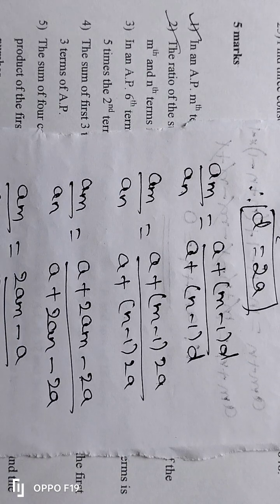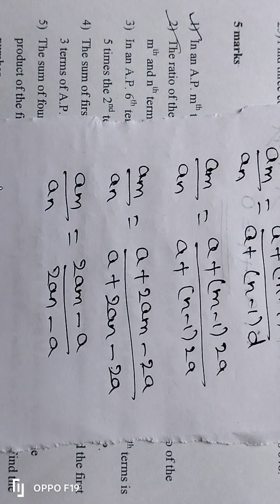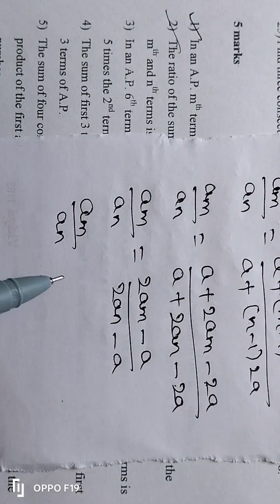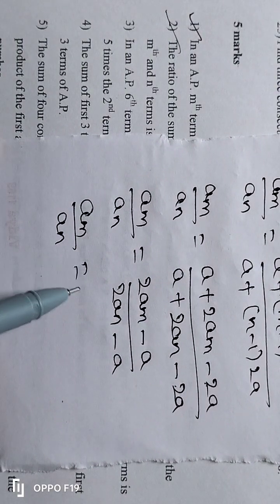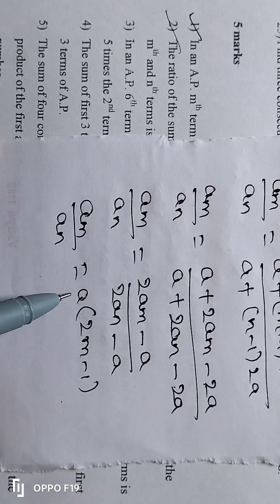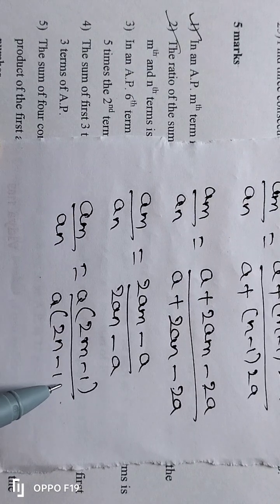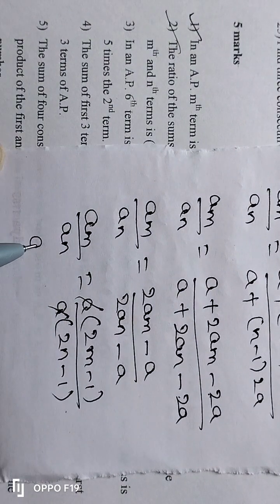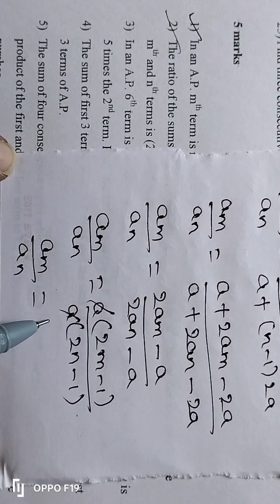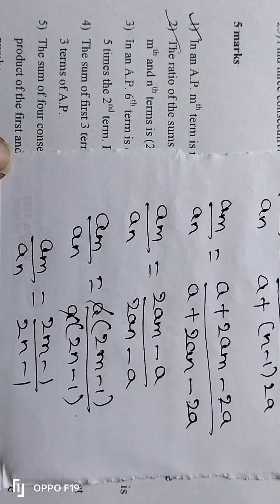Then you write 2an minus 2a plus 1a is minus a. So am divided by an is equal to, what is common? a is common. 2m minus 1 is remaining. What is common? a. What is remaining? 2n minus 1. a cancels. am divided by an is equal to, what is the remaining? 2m minus 1 divided by 2n minus 1.